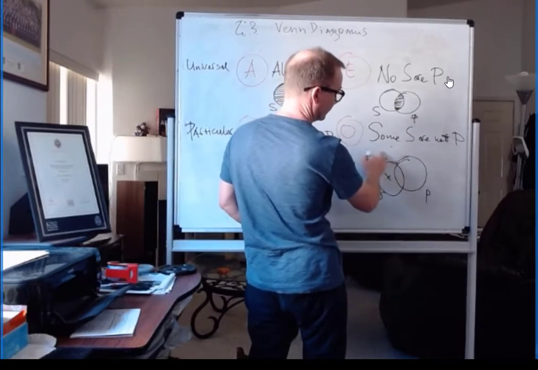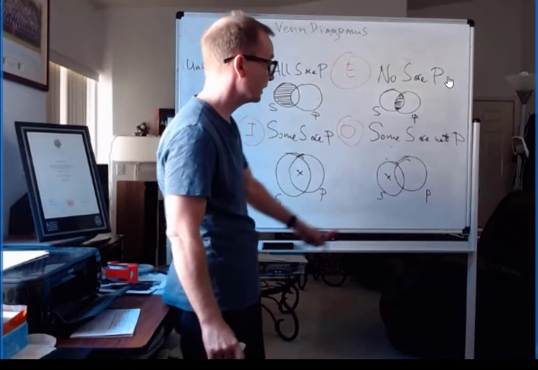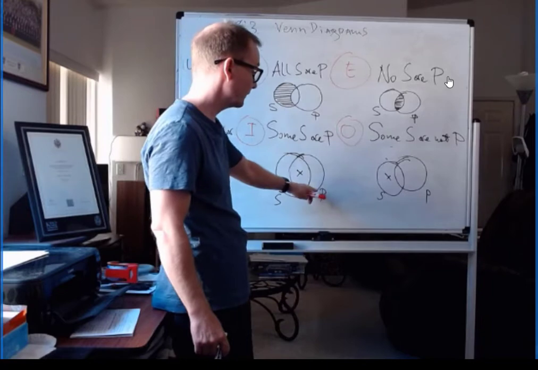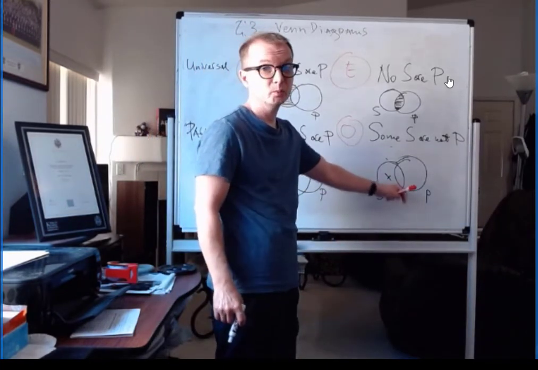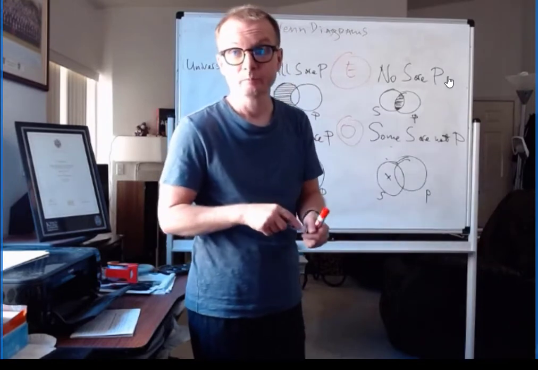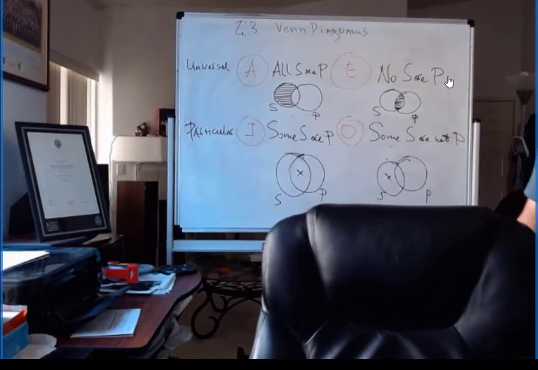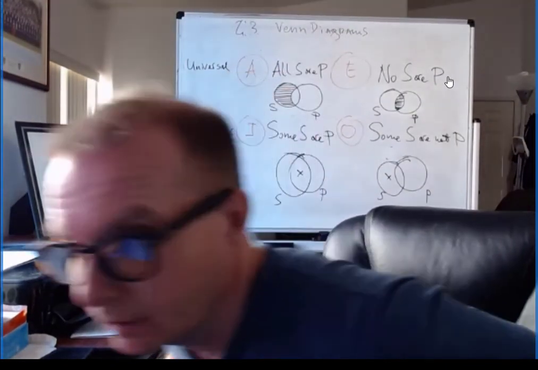Same idea. We are showing that there is at least one thing in that area outside of P circle. We have at least one thing here which is both S and P. We have at least one thing here which is S but not P. And that's it. So it's kind of a nice and easy unified way of drawing all four of them. Okay.